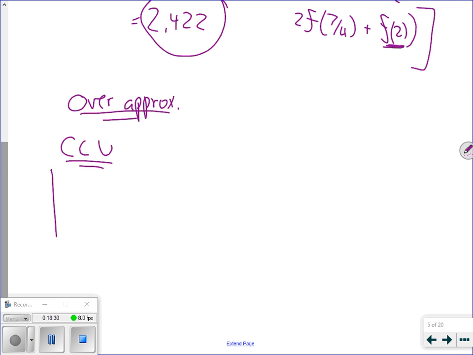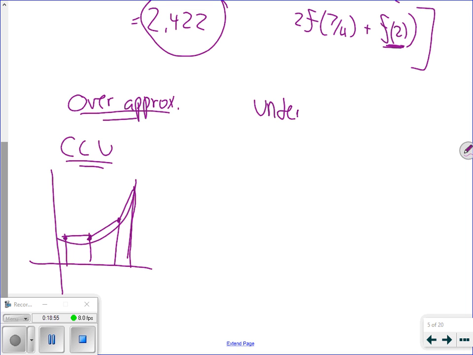Think about how the graph looks. I'm going to draw a really concave up graph. Think about all the trapezoids we would draw with that. You see how my trapezoids are above the function because it's concave up? So that's going to be an over approximation.